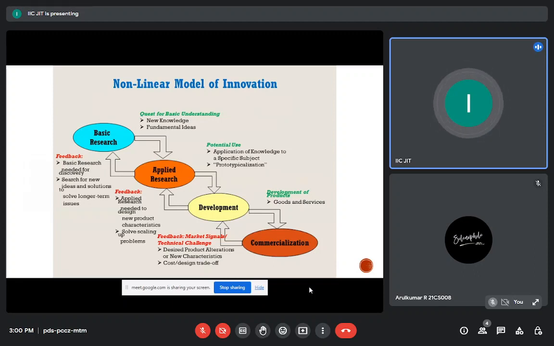You sell something, customer says, oh, no, I don't want this, change this. You have to change. We know that, right? Customer is the king. So this process is not linear. This process involves a lot of feedback. And the topic of my presentation, TRL, gives a good idea about that. Go to the next slide.